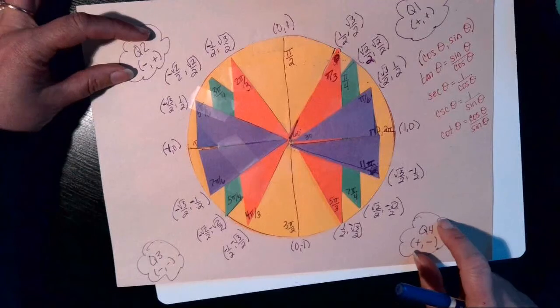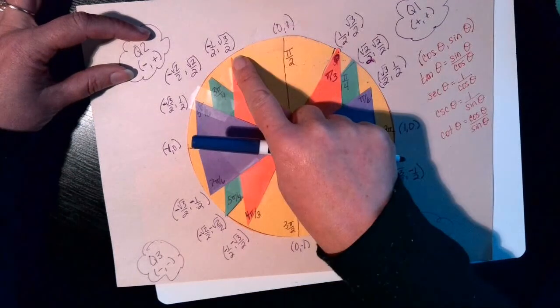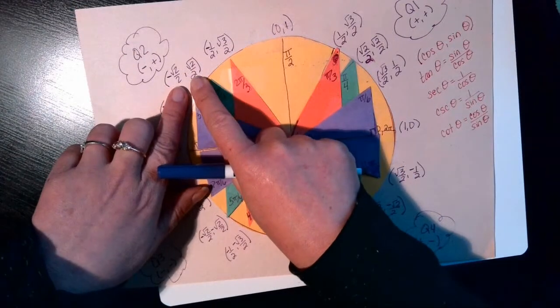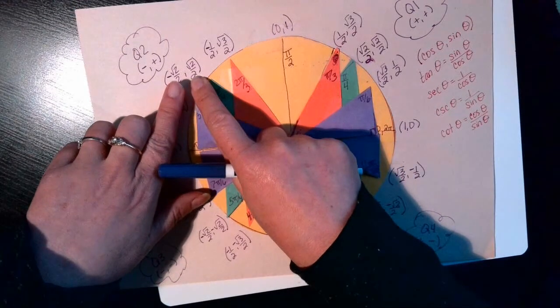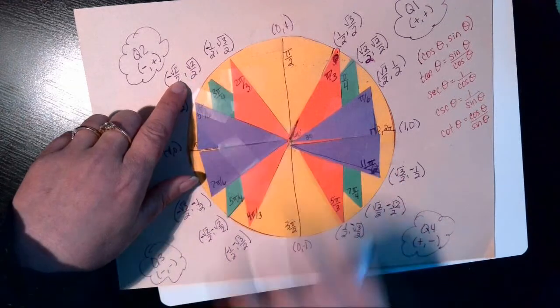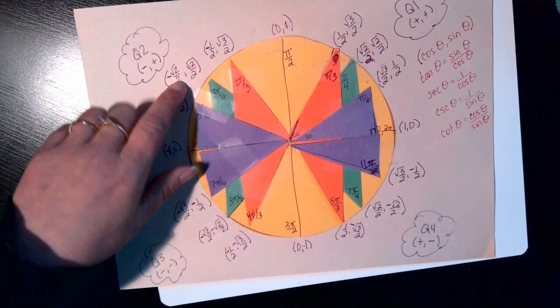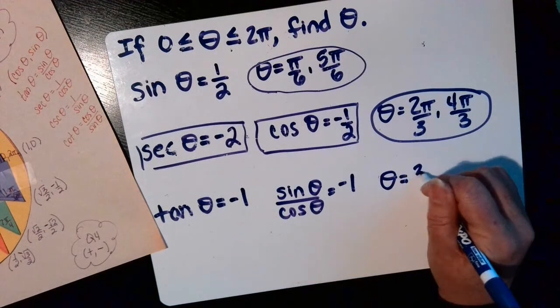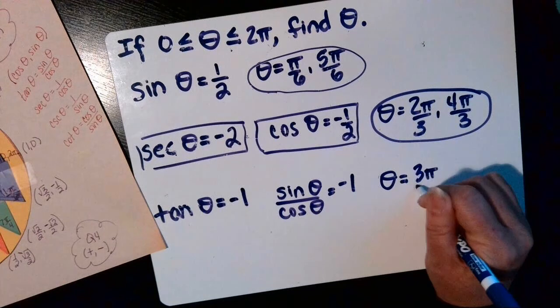And when I look at the options in those quadrants, here at 3 pi over 4, right? Notice how I've got a root 2 over 2 divided by a negative root 2 over 2. That's -1. So that's the one that I need to have a tangent of -1. So my first answer is going to be 3 pi over 4.